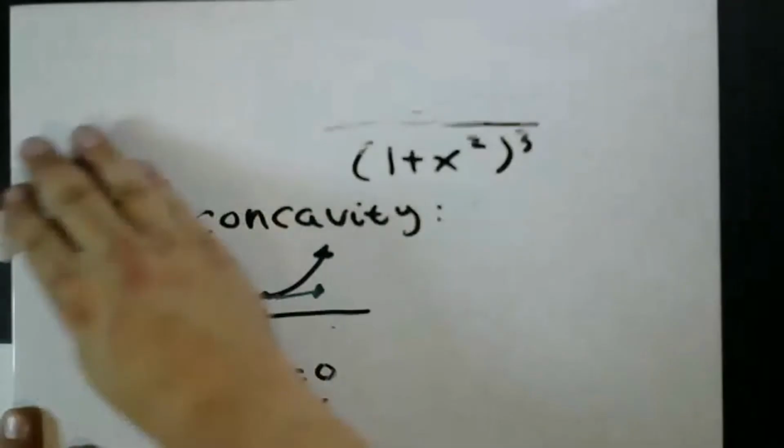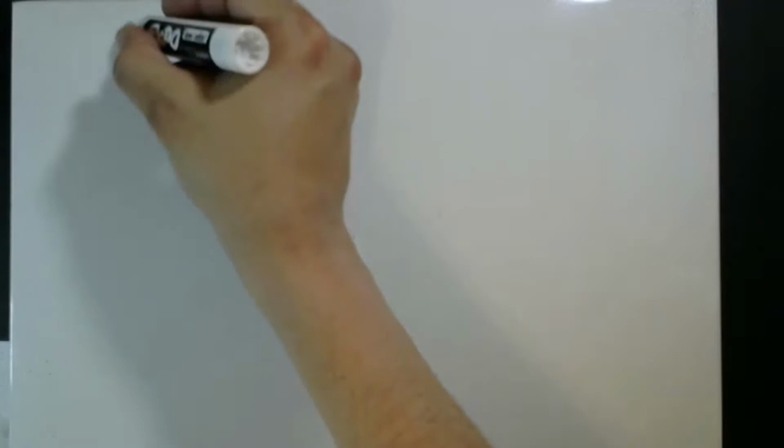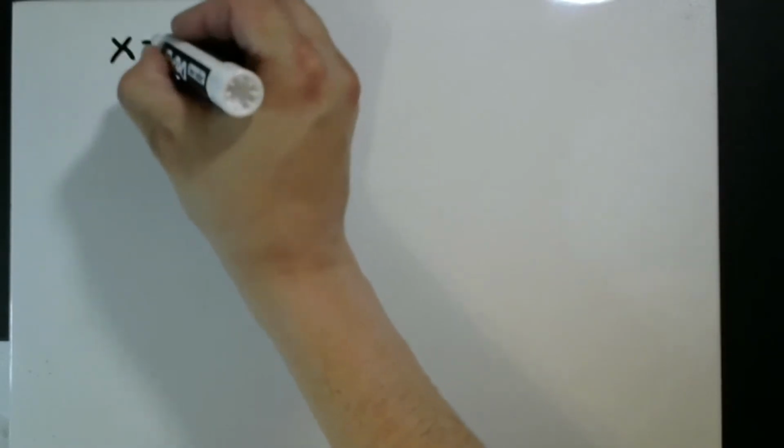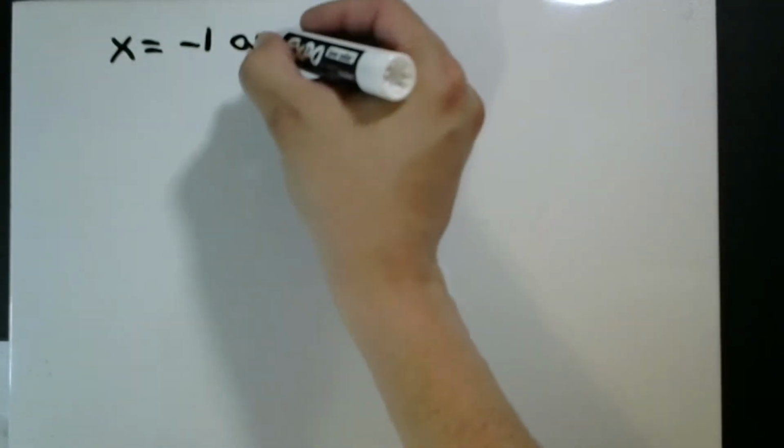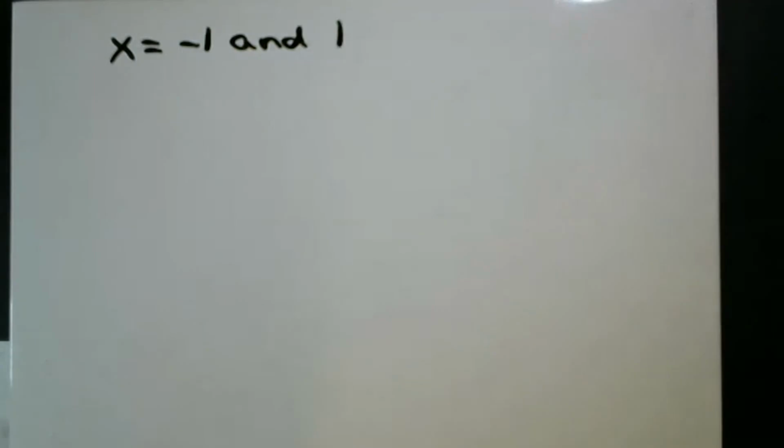So again, we're just going to verify what we already know, what we found with the first derivative test. So our critical points are -1 and 1.